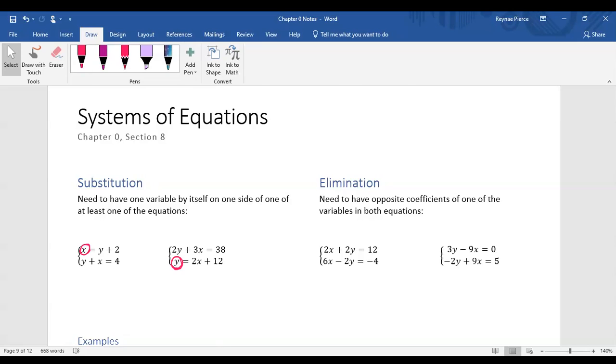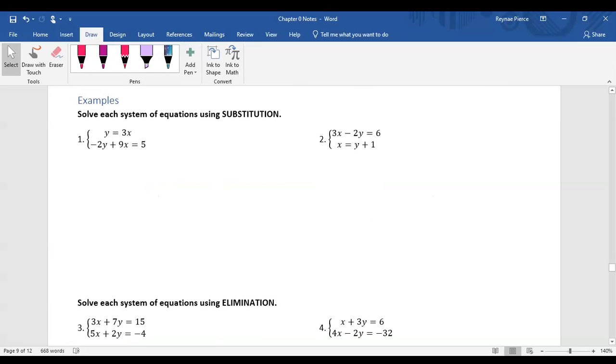So the two examples that we're going to do here show just that. In this first one, I've got y by itself in the first equation. That makes substitution nice and easy, okay? So essentially how substitution works, I'm going to take whatever y equals, okay? In this case, it's 3x, and I am going to replace it in that second equation, okay?